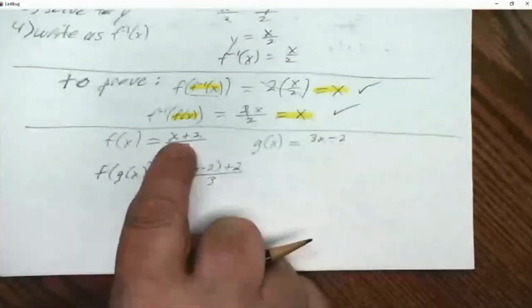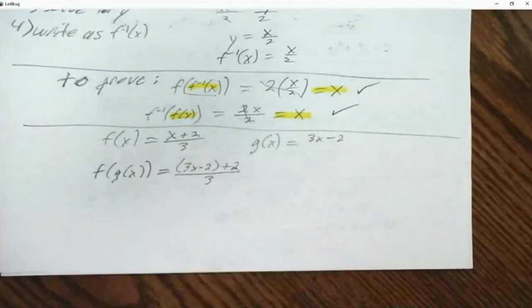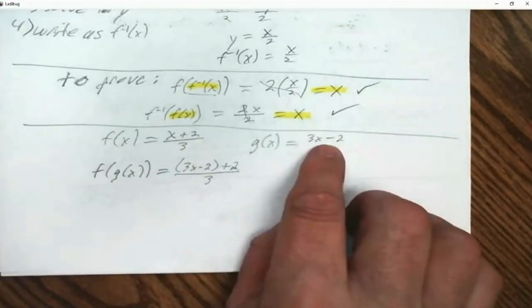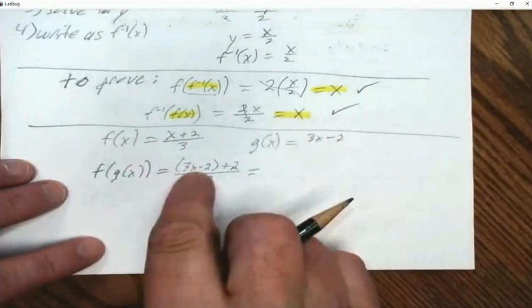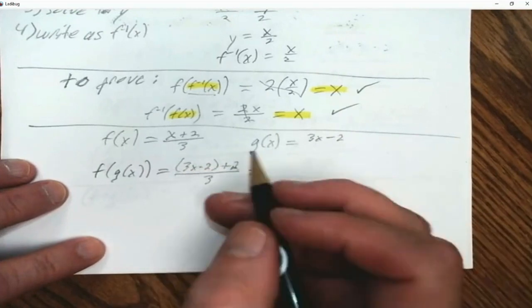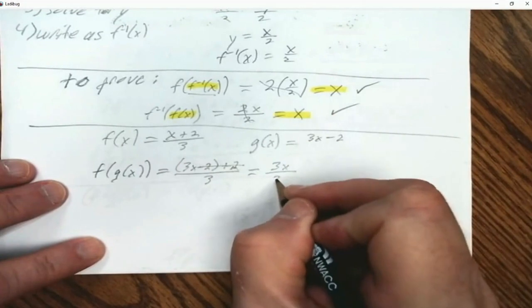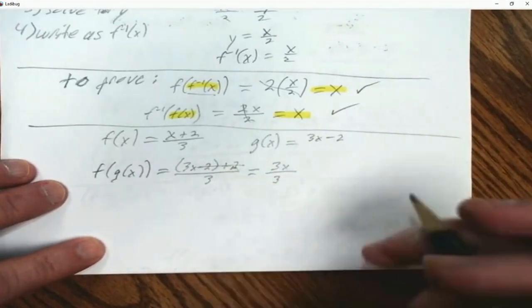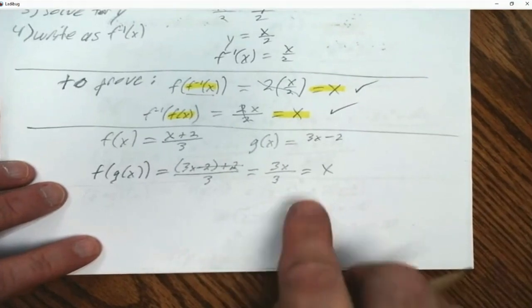That's the exact same equation, f of x, but instead of x, we've substituted g of x in for the x. So let's simplify this. 3x minus 2 plus 2. Minus 2 plus 2, that's 0. So we have 3x on top, and the bottom we have 3. Well, what's 3x divided by 3? Just x. It's 1x. Okay, so far so good.